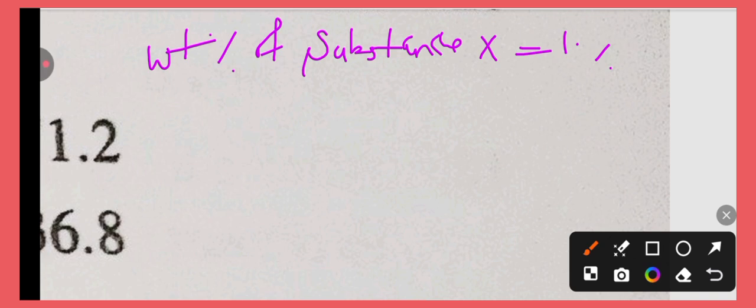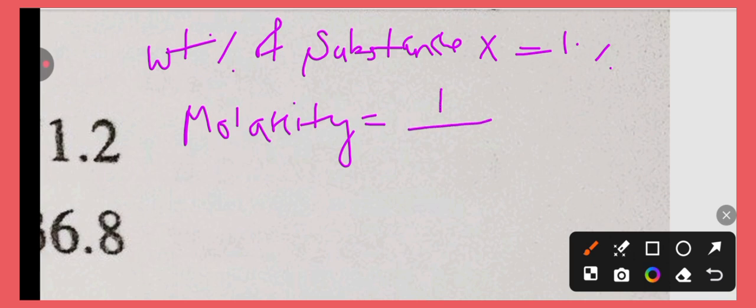Using the formula for molarity, molarity of substance X is equal to 1 divided by molar mass of X into 1000.